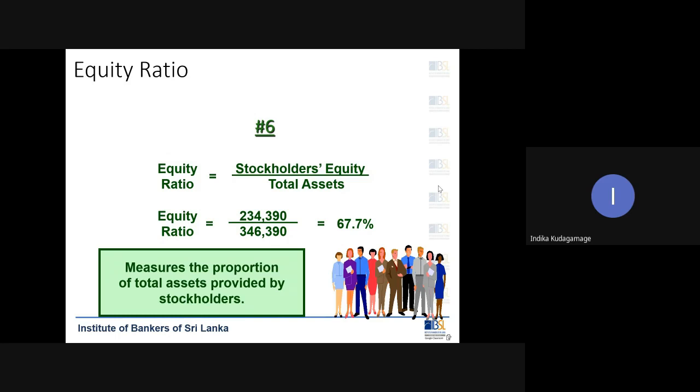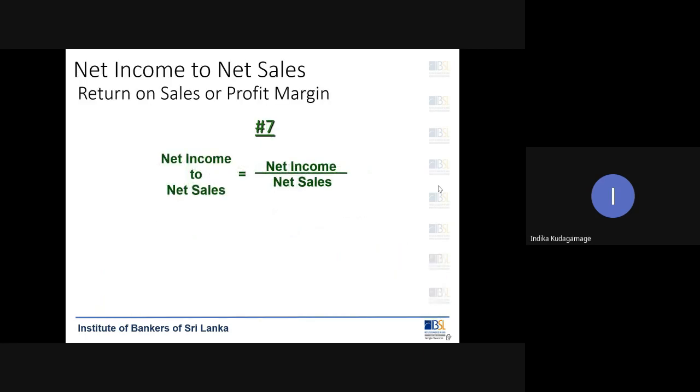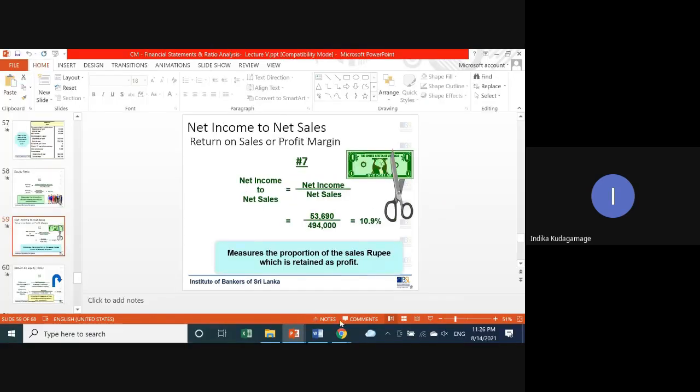Or you can interpret it like this also: per rupee of investment, 67 cents has come from equity, 33 cents has come from debt. Right? The higher the debt portion, the riskier the business would be. So it has to be a balanced ratio. Okay. Then net income to net sales. These are all profitability ratios. Right? I'm going back to the Word document.